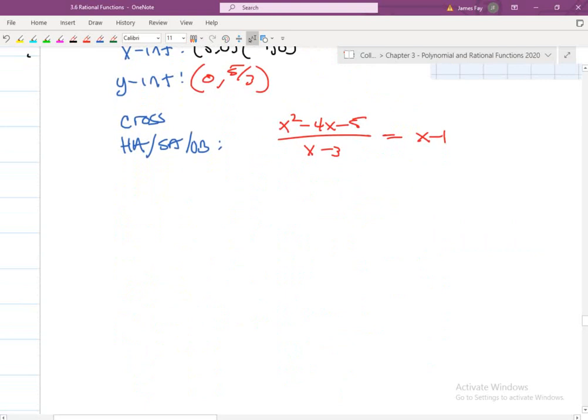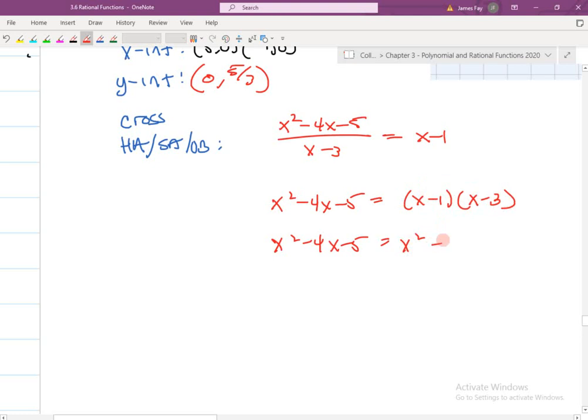If I'm going to determine if they cross, what is the first step? Multiply by x minus 3. Multiply by that LCD, right? So that's going to give me, on the left, just x squared minus 4x minus 5. And on the right, it's going to be x minus 1 times x minus 3. Now to solve this, you actually have to expand this, because there are some hidden common terms here, right?